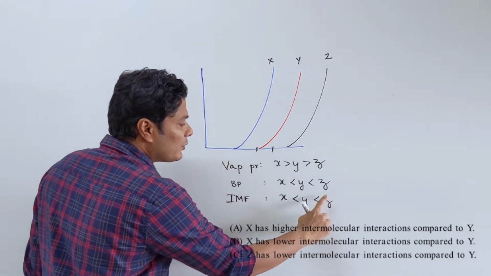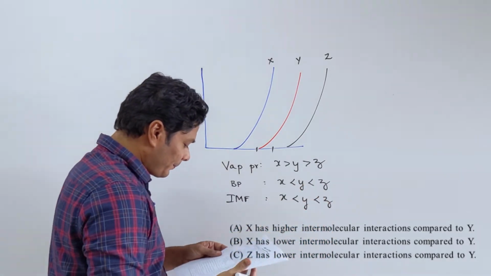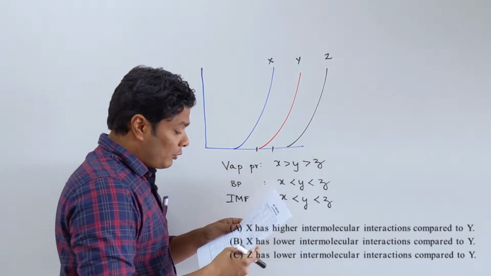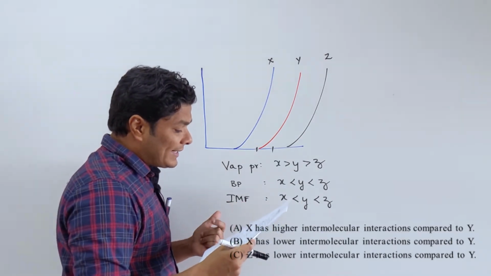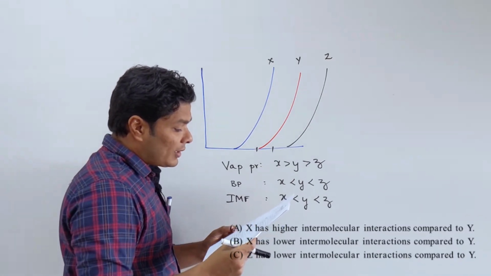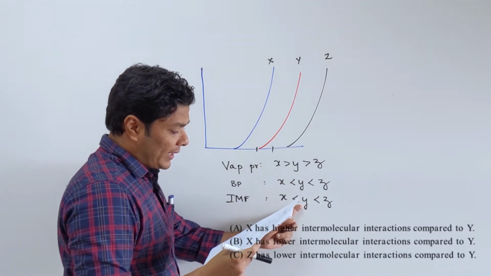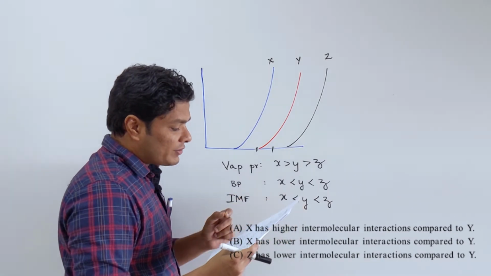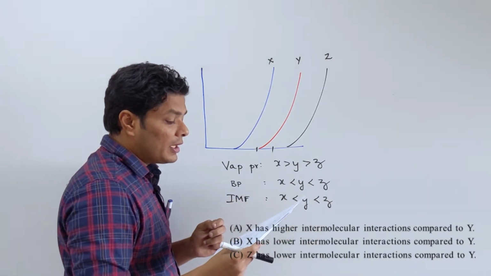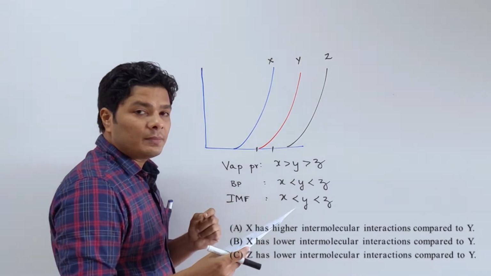Higher the intermolecular force, higher the boiling point. They are asking which of the following statements could be true. X has higher intermolecular interaction, wrong. X has lower intermolecular interaction compared to Y, which is correct. Statement B is correct. Z has lower intermolecular interaction, that is obviously wrong. So option is Charlie, statement B.